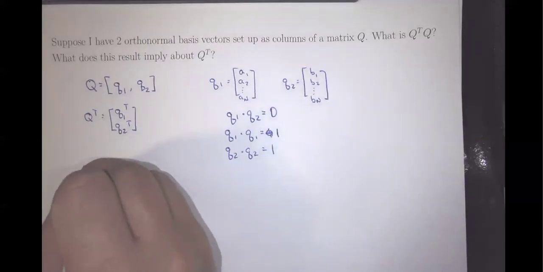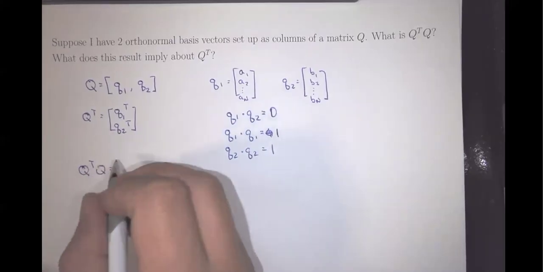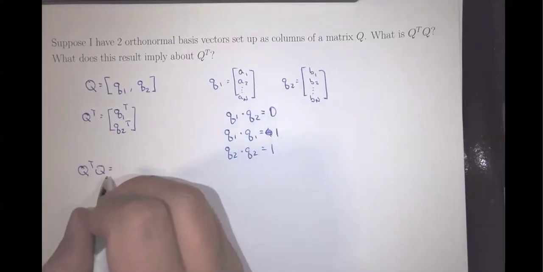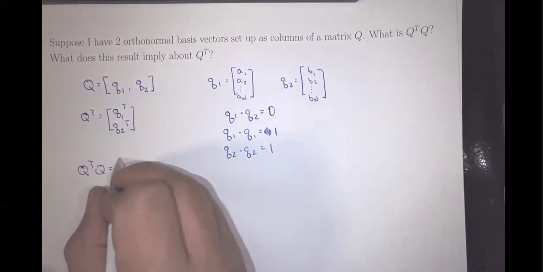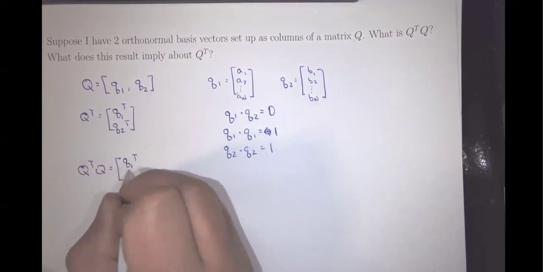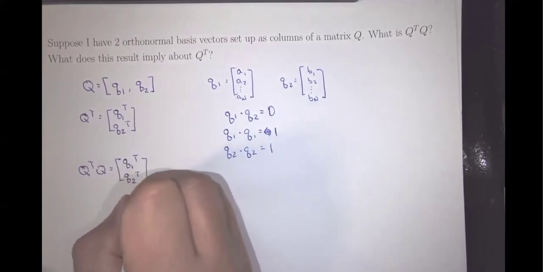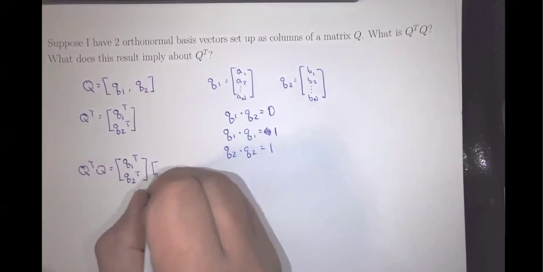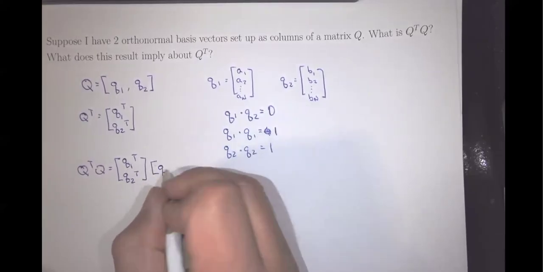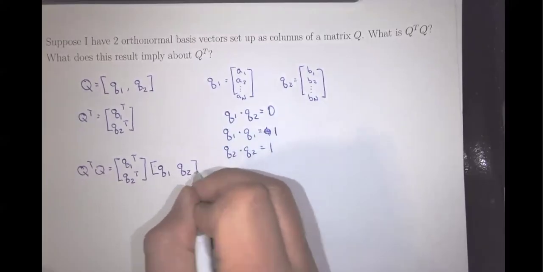So Q transpose times Q is going to be Q transpose, consisting of row Q1 transpose and row Q2 transpose, times Q, which is column Q1 and column Q2.